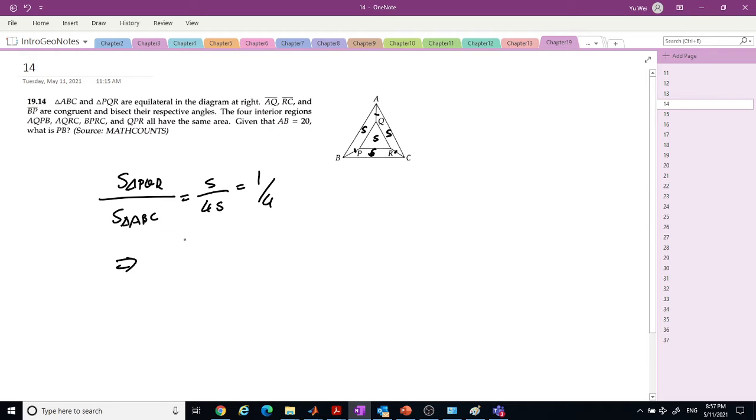So the side length PR over AB is the square root of this, which is 1 over 2. Now you get AB is 20, so this one is 10. Okay. Now let me draw a big one.